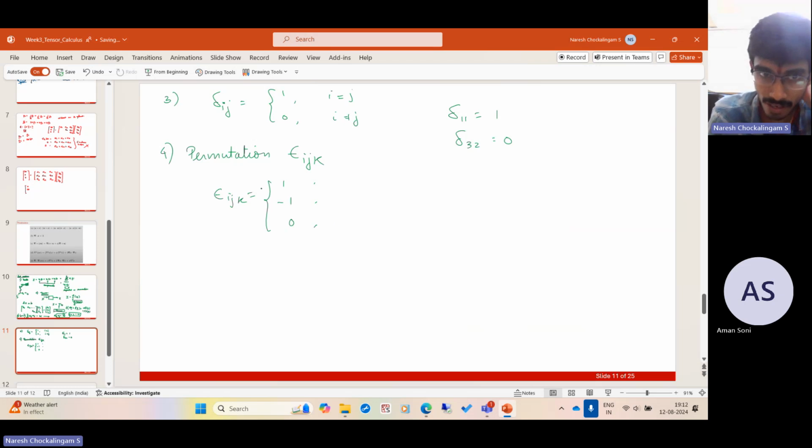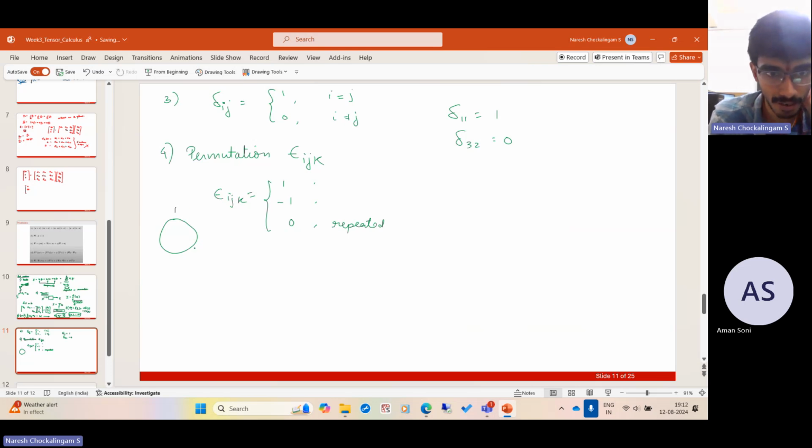So if any two of the indices i, j, and k are repeated, then it takes a value 0. So now we have excluded all cases which can be repeated. So in a distinct order, there are only two possibilities.